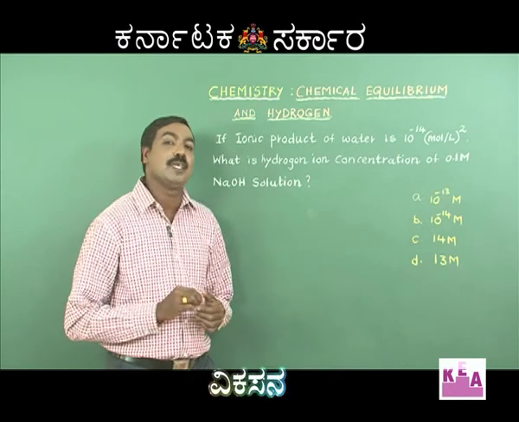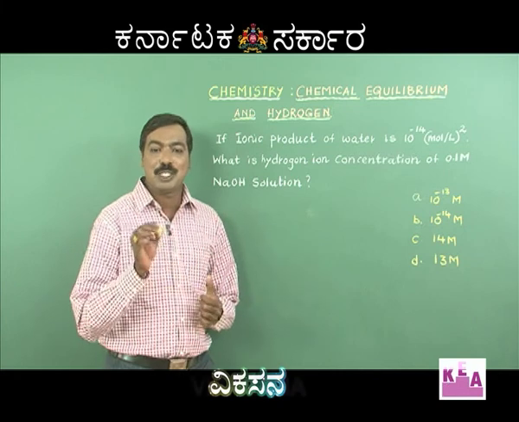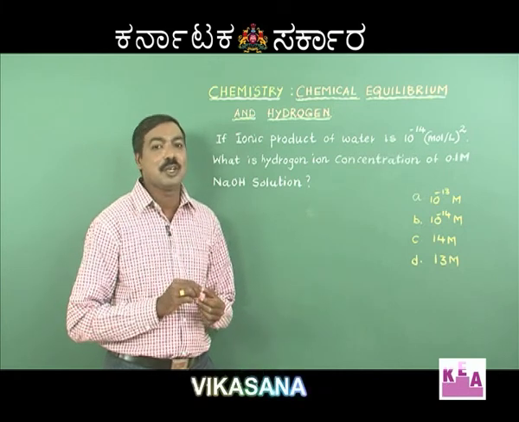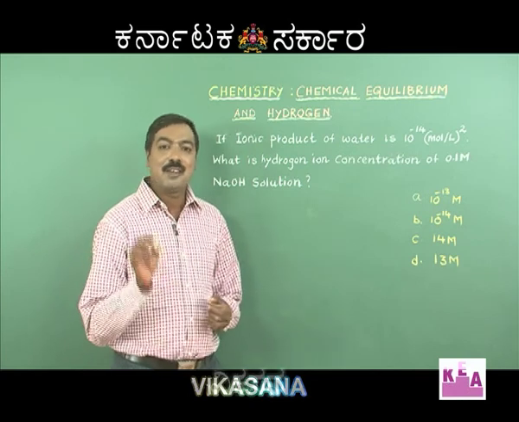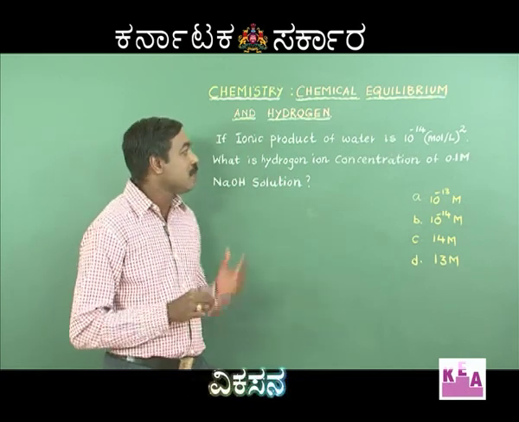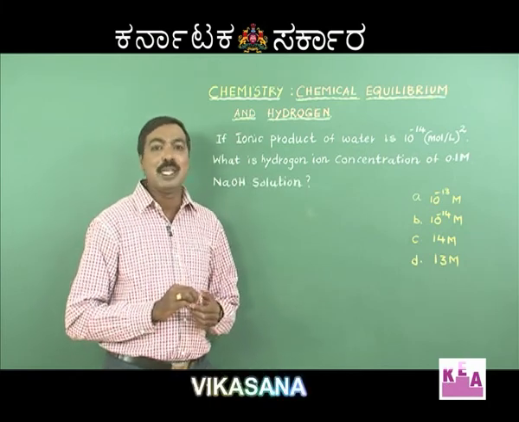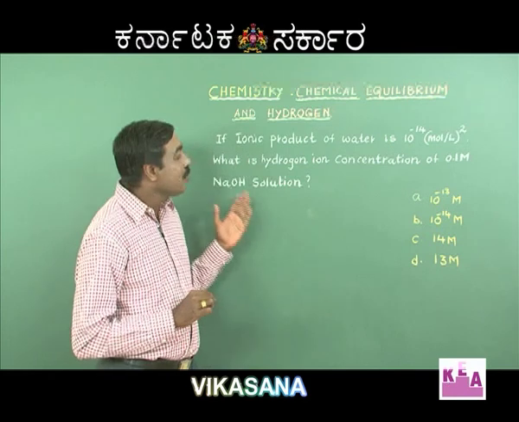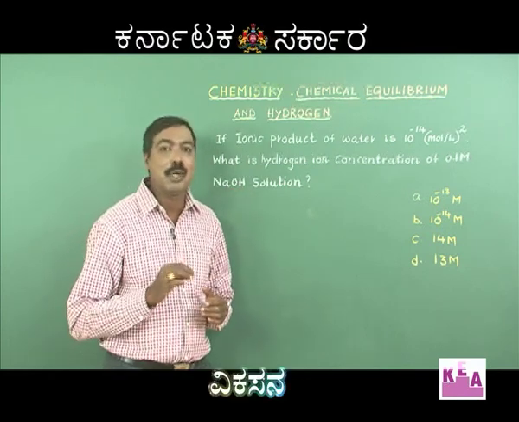Ionic product of water is the product of the molar concentration of H plus ion and OH minus ion in aqueous media at 298 Kelvin. The value of the ionic product of water as given here is 10 to the power of minus 14 mole per liter the whole square. You are given the data for OH minus ion concentration, which is 0.1.